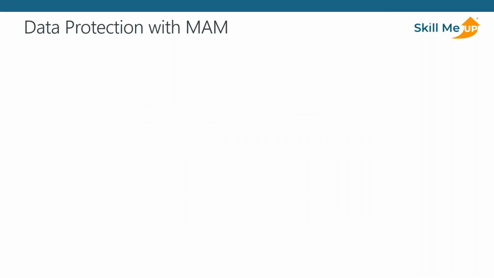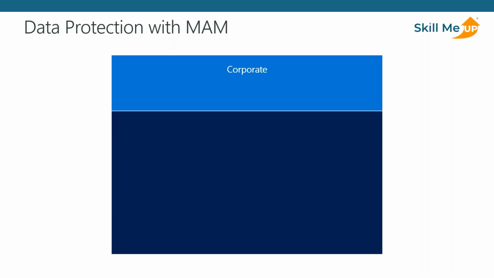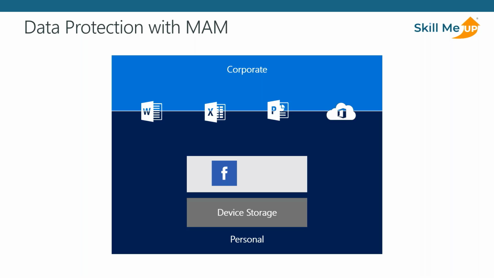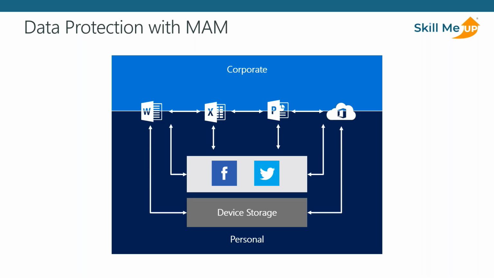So what we can do is data protection with MAM. We're going to utilize mobile application protections. Same kind of layout again, our series of applications, and I've got my personal applications again. You can see that they can communicate with each other, with this communication going backwards and forwards between them.